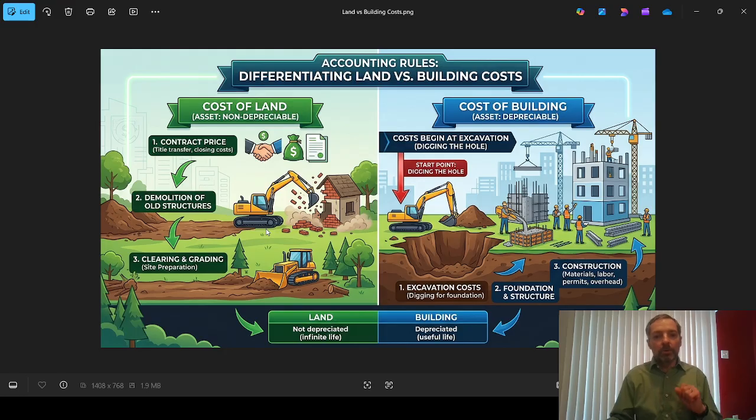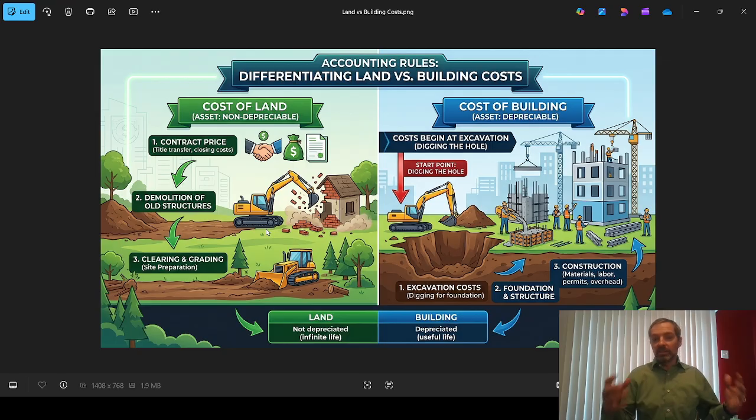If there are any old buildings on there that you don't want, then you demolish them and you cart them off. The cost of doing that is also considered part of the land because we are still getting the land ready to use. Then we also might clear and grade the land.